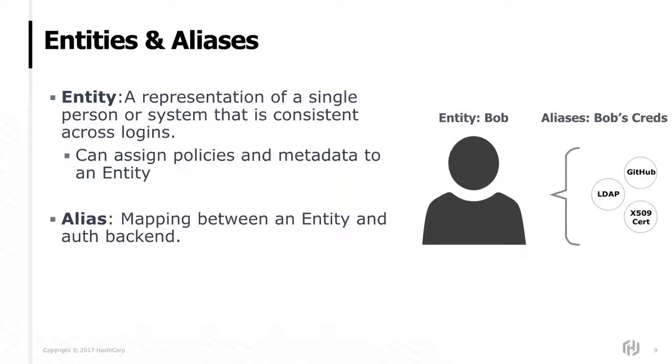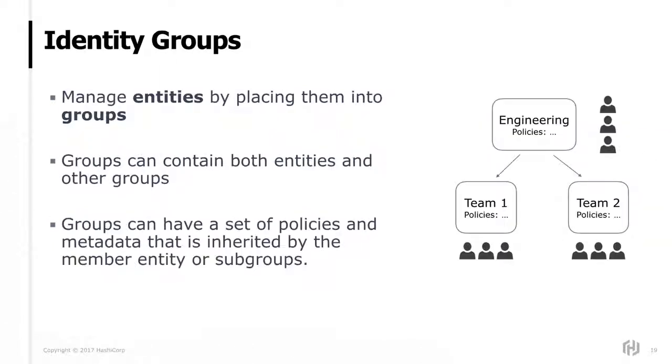So for example, over here we have entity Bob. And Bob has a number of aliases. Bob can log in through LDAP. He can log in through GitHub with his GitHub user. He could use an X509 cert. And with identity, no matter which way Bob logs in, he gets correlated back to his entity and automatically gains all the policies and metadata that are assigned to his entity.